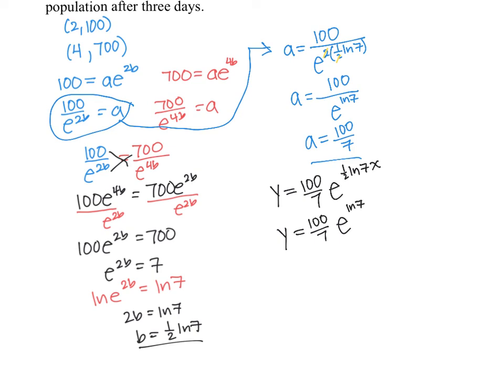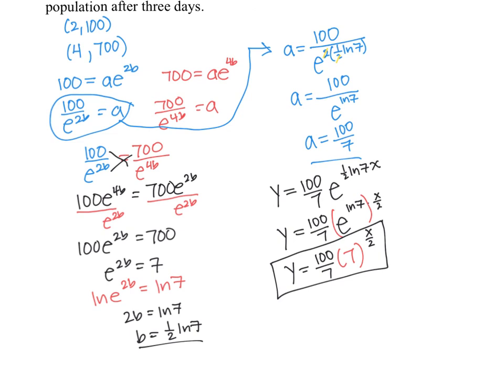I'm going to keep the ln 7 in the front. Then I'm still left with half of x, which is really x over 2. If I do e to the ln 7, that simplifies down to 7. And I keep the x over 2 out there. This is a good answer like this. There's often an equivalent answer that's just as good, and as long as you show your work, I'm fine with whichever way you do it.